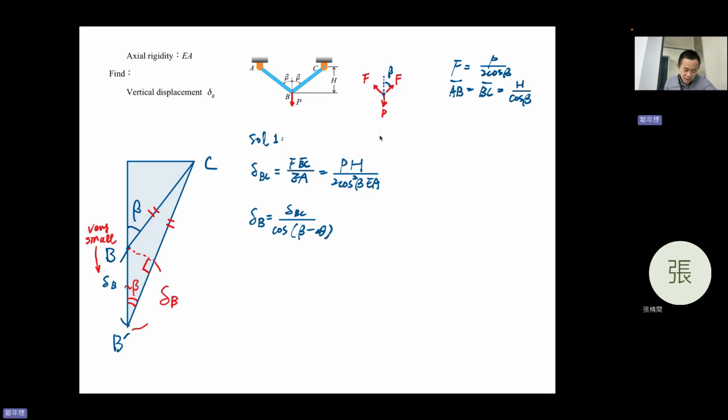But because the delta theta is very, very small, I'll just reduce that to 0, and then it will be PH divided by 2 cosine cubed beta EA.